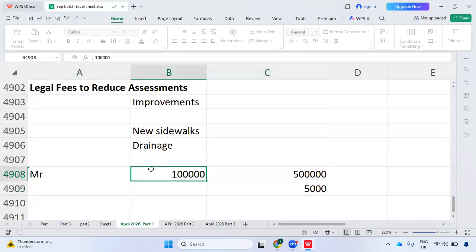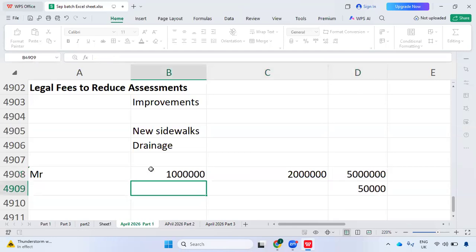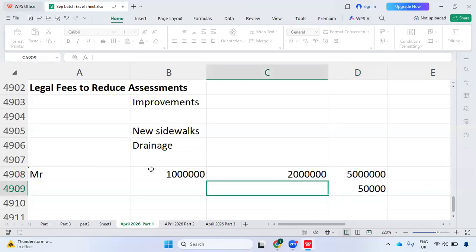In that case, they require a lawyer, and this will be settled in the court. Let's say the value should be a maximum of $200,000. So $50,000 the local government is asking to pay, but actually they are supposed to pay $20,000.